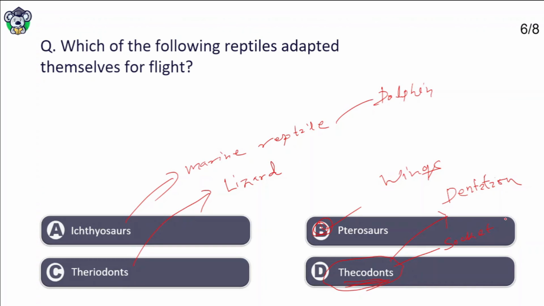Okay, socket teeth means they had bigger teeth set in sockets. Their jaws. Okay, they used to attack with these strong socket teeth, big jaws. So here the right answer is Pterosaurus. Those were in the sky flying.